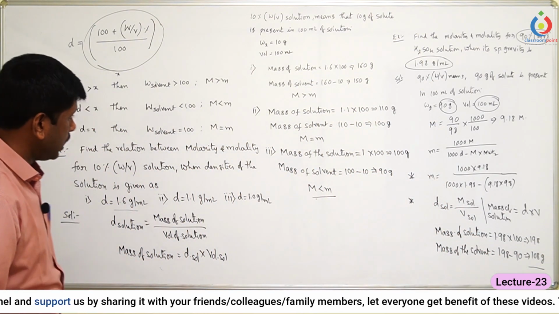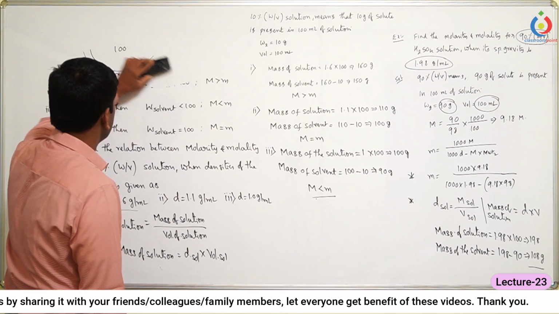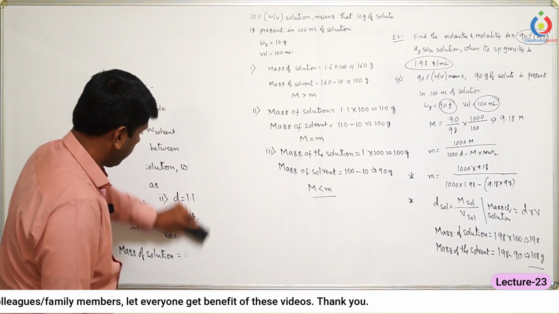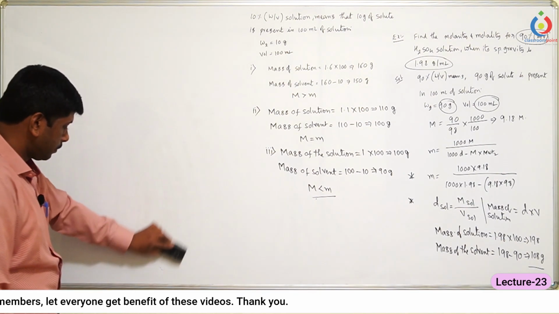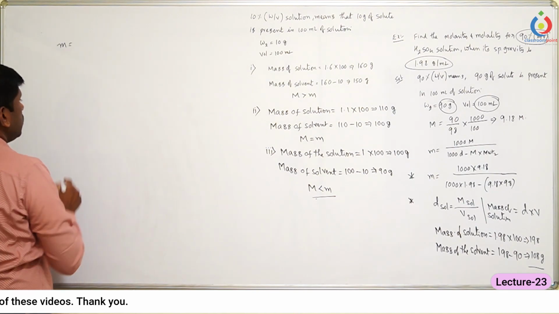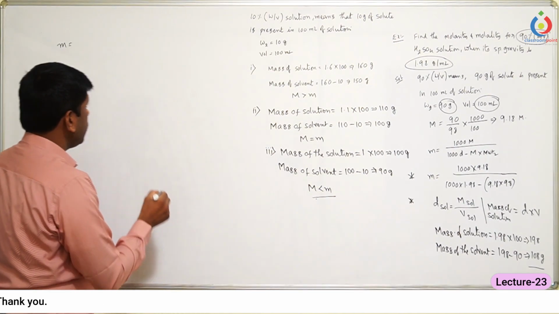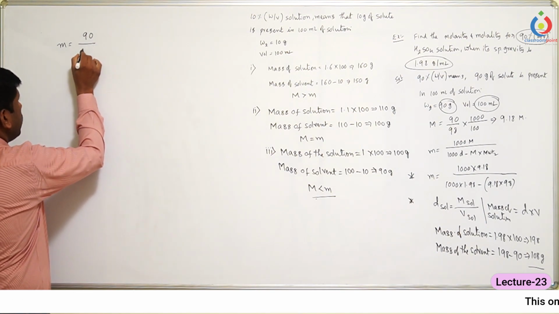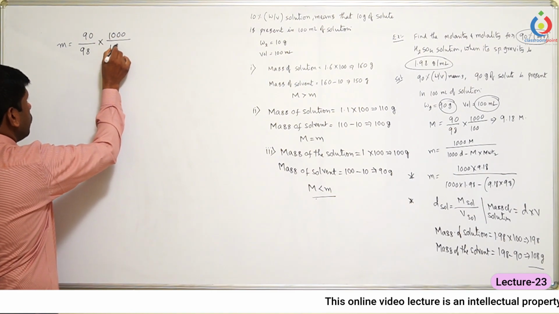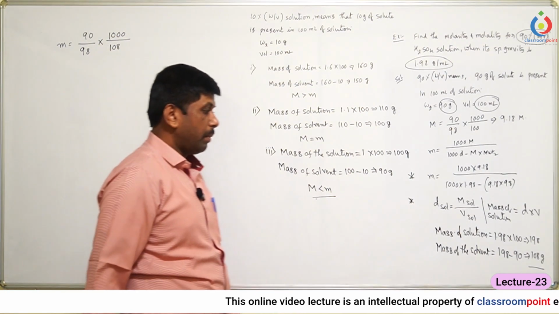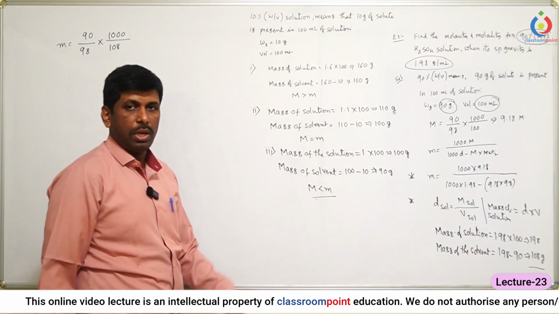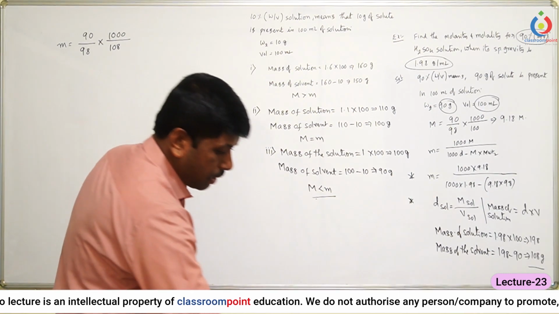So now let us try to solve that. Now molality is equal to weight of solute 90 grams, molecular weight of solute 98 grams, 1000 by mass of the solvent 108 grams. You should remember that mass of solvent is 108 grams. That means it is more than 100. So obviously molarity is greater than the molality. Now let us solve this part here.